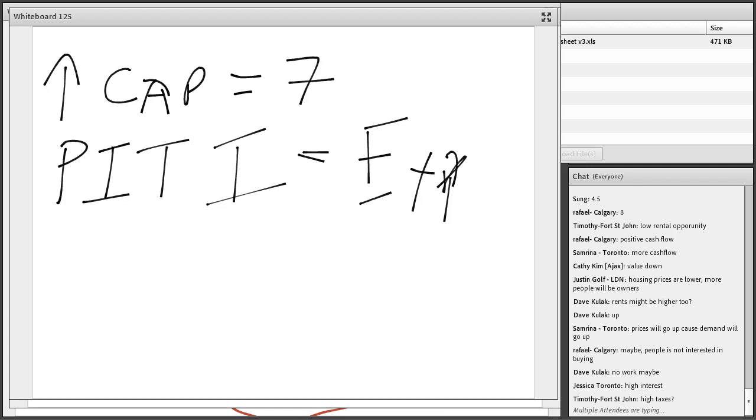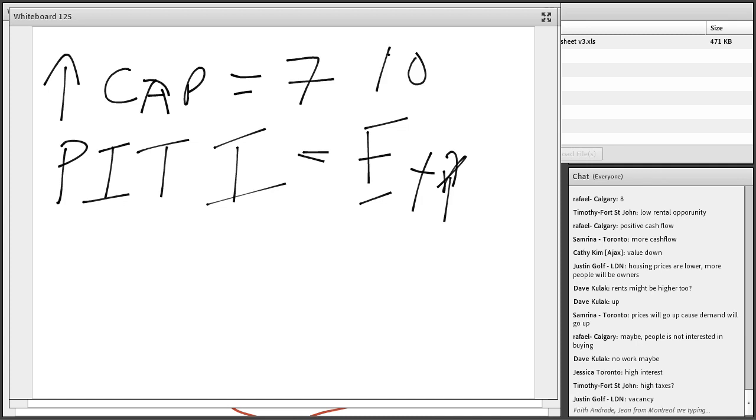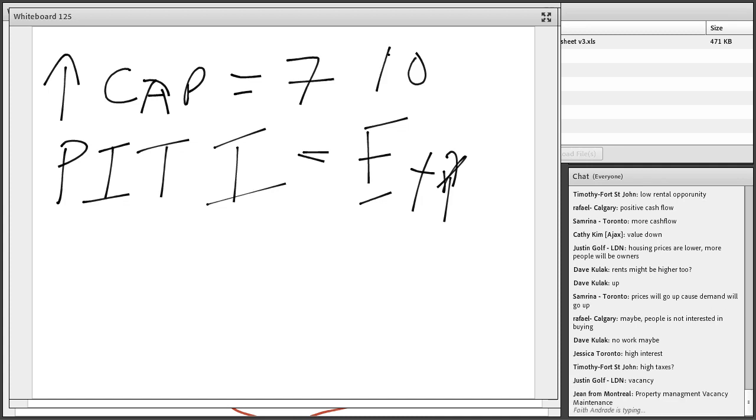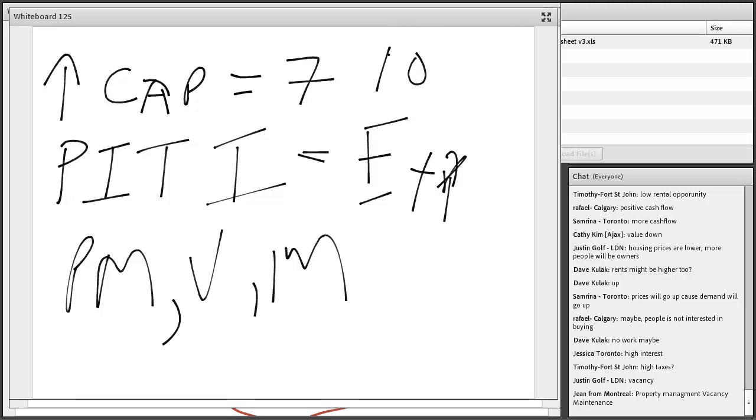So if the cap rate, say, is 7 to 10, or even it could be 5 to 10, really. There you go. So property management, vacancy, and maintenance. So in these areas, this equals what typically? 20%, right? 20% of gross income. So if the prices are not going up, which is usually covered here, right? Principal, interest, taxes, insurance. What must be higher in these areas typically?